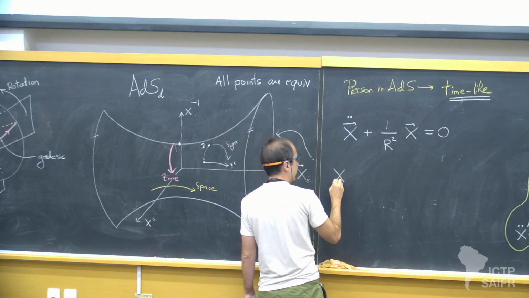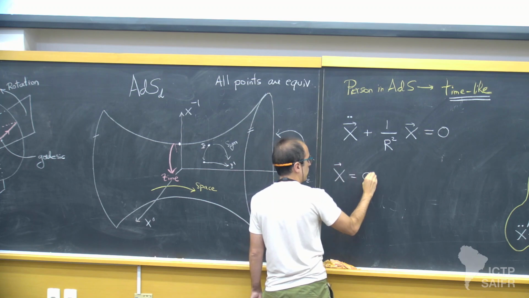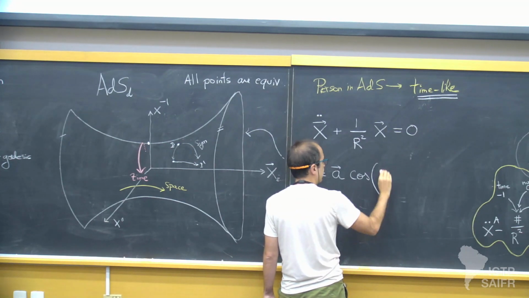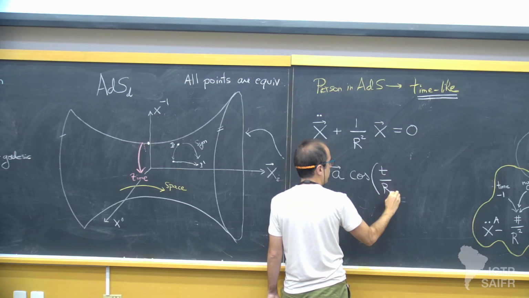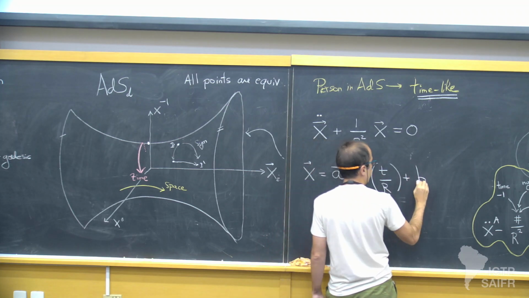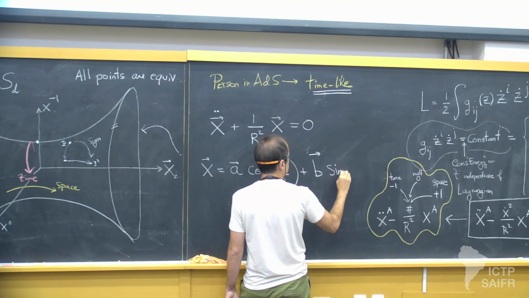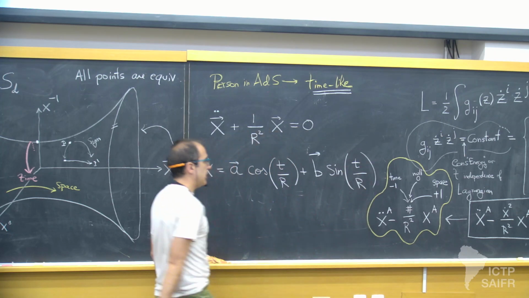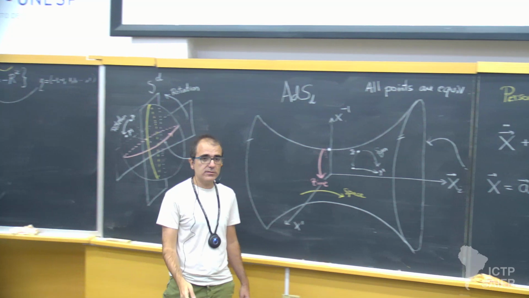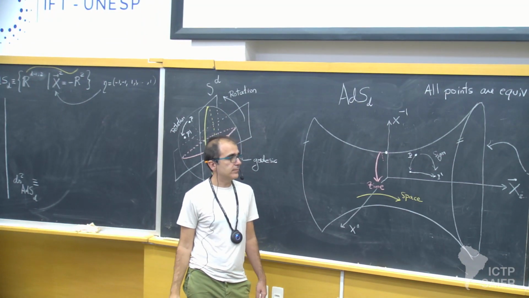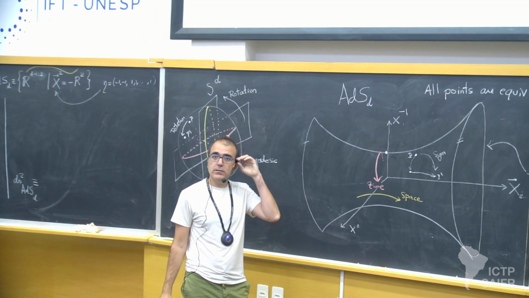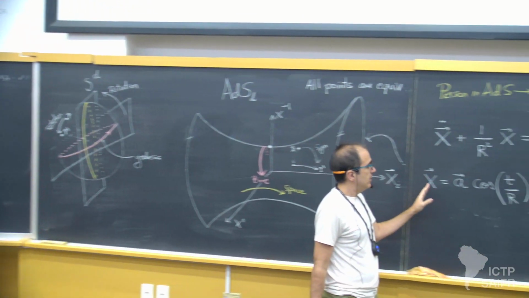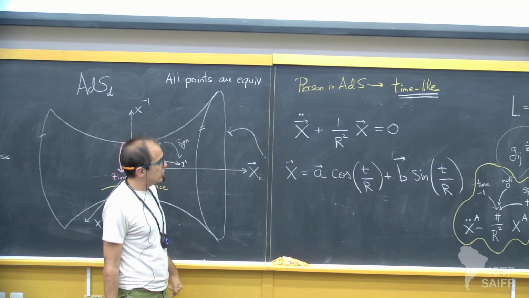We know that X is just equal to a constant vector A times cosine of T over R plus another vector B times sine of T over R. That's the general solution, just an oscillator that oscillates like this. Do you agree? So that's it. So that's the general solution.